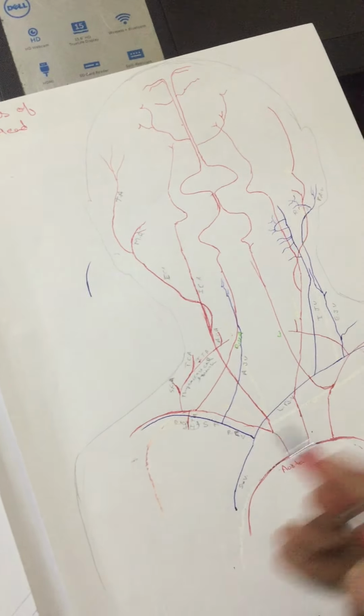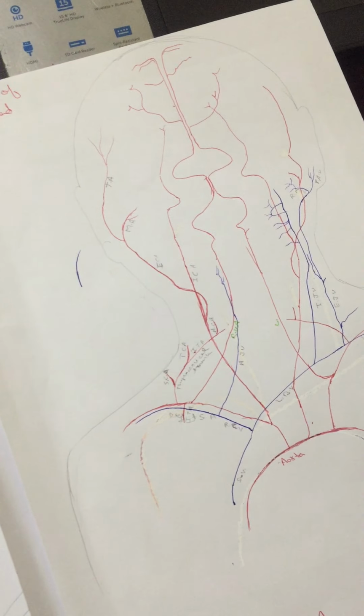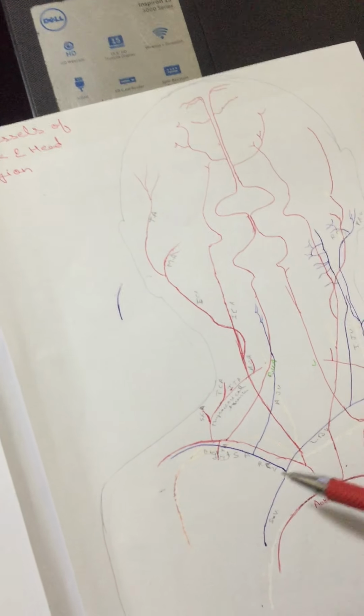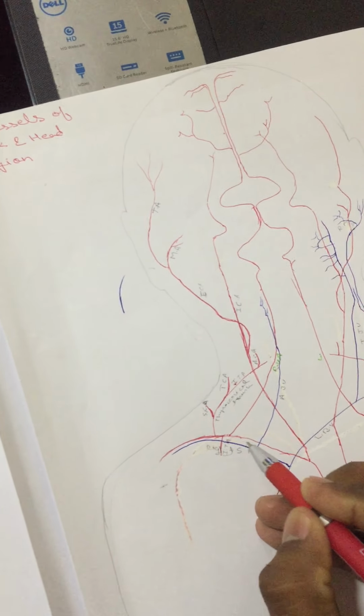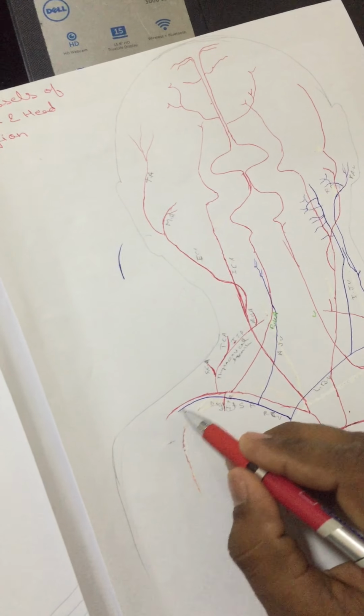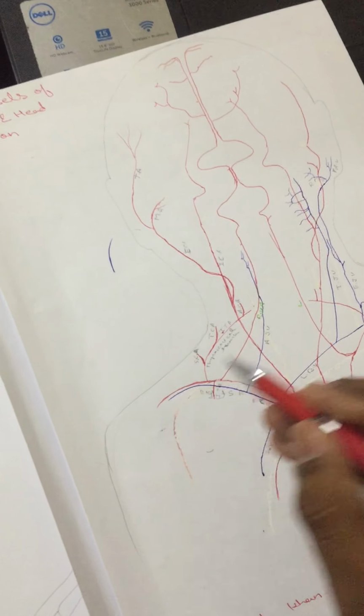So ma'am, this is about the right thyrocervical trunk. The same things happen with the left thyrocervical trunk. The right subclavian artery further goes on and forms the axillary artery, which is another topic.